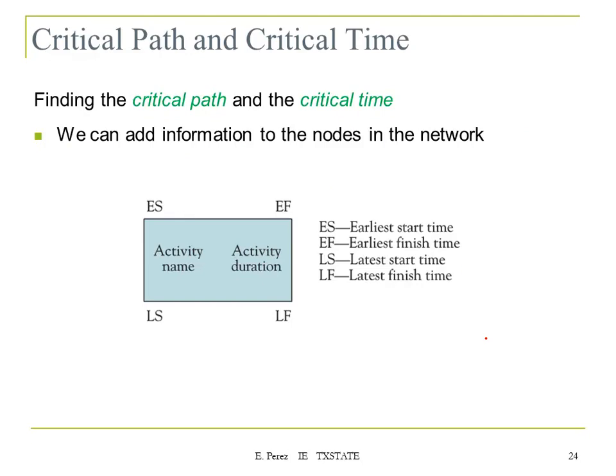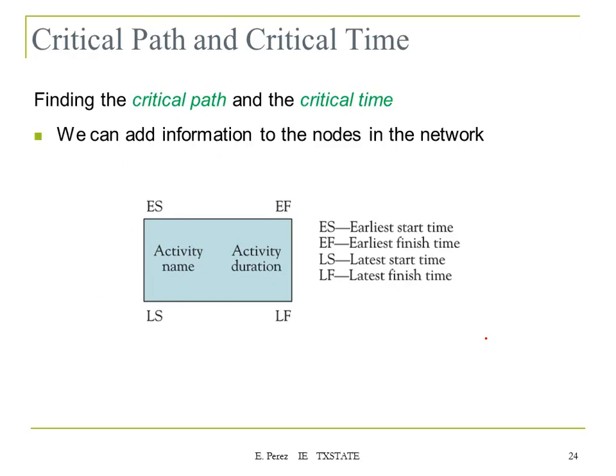So we can add information to the nodes in the network. We can use this notation. Basically, on each box, we're going to add 4 numbers. In the top left corner, we have ES, which is the earliest start time. On the other side, we have EF, which is the earliest finish time.